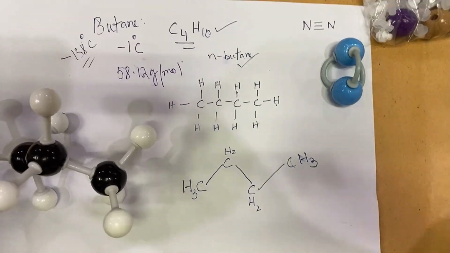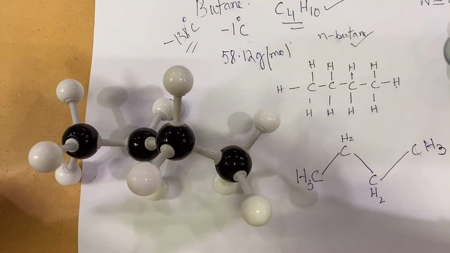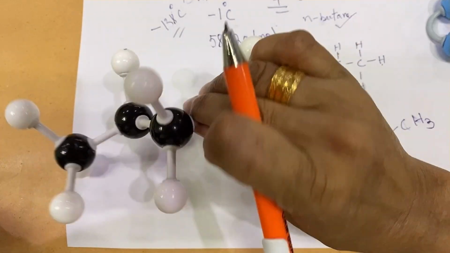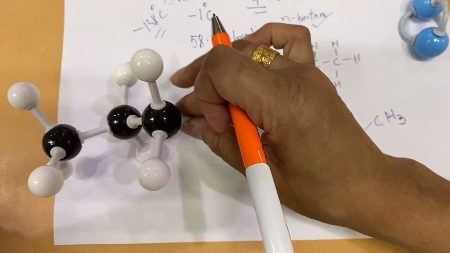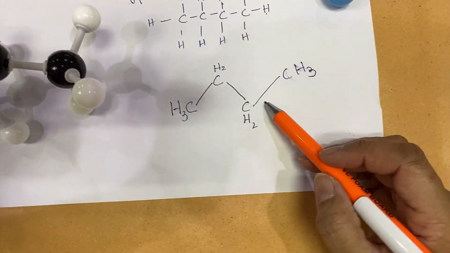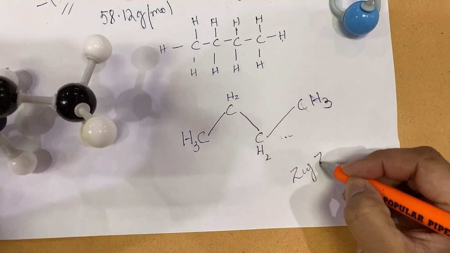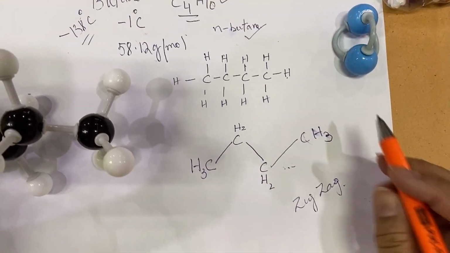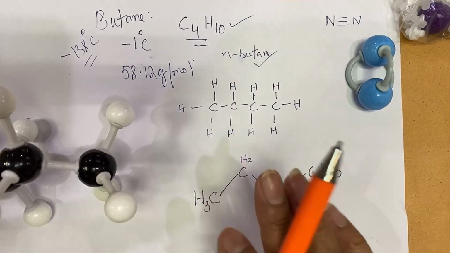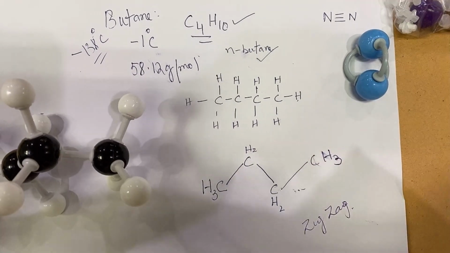So this is a brief introduction of your compound, and I've shown you how to make the molecular model of it, and what the shape would be, zigzag shaped, right? This is the zigzag shape of your molecule, and this is a straight chain, right? So that's it.